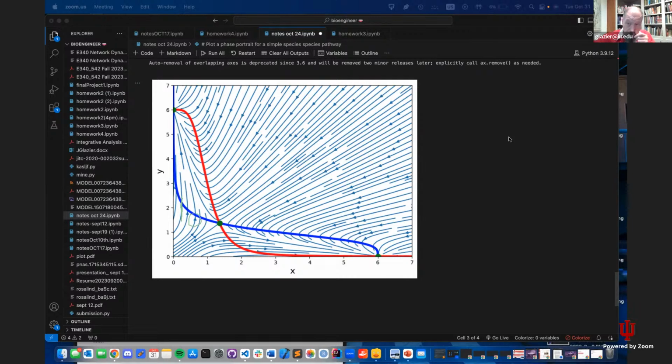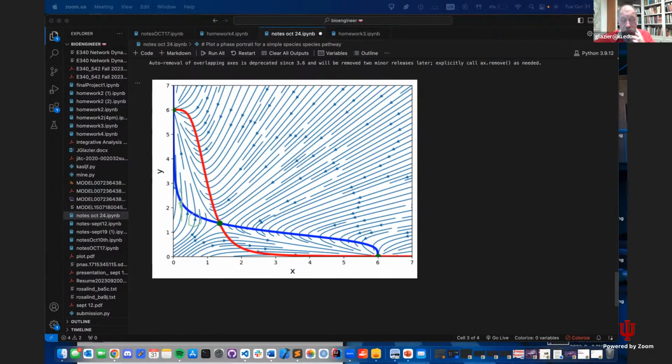And so if I set a numerical threshold that says any point where the value of dx/dt is smaller than some threshold is a null line, I'm going to get a lot of points. I'm not just going to get that one point there. And so if I really want to find it, I have to do some rather elaborate root finding. There are numerical root finders that will do that for you, but they're quite slow and pretty complicated. And so that's the reason this is tricky.